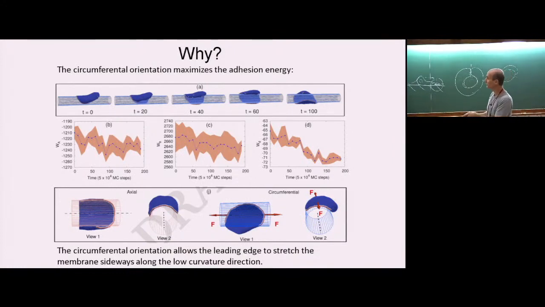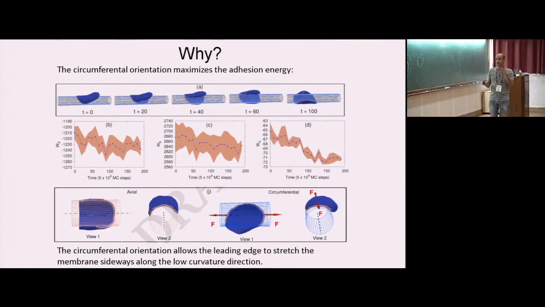On the other hand, if you're oriented along the circumference of the cylinder, this direction is pulling you, but that is already, you know, the fixed size of the arc. But the sides, which are the most effective in stretching the membrane and spreading it, they are much more effective now because they are spreading this whole shape sideways along a zero curvature direction, which is much more effective.